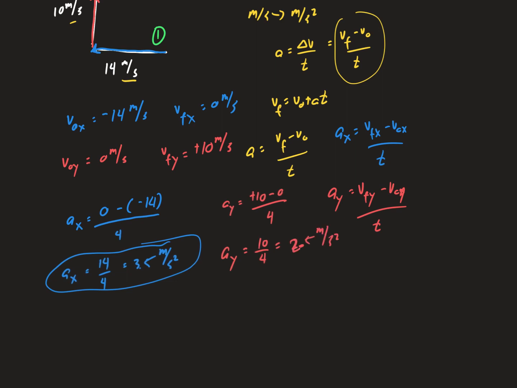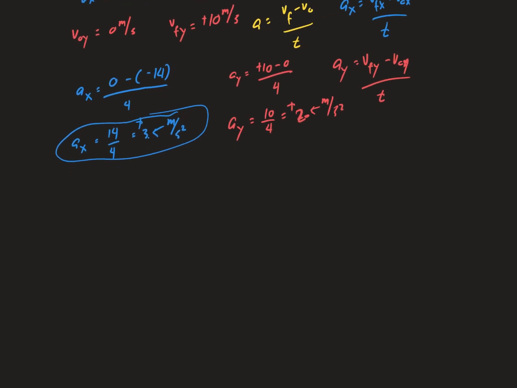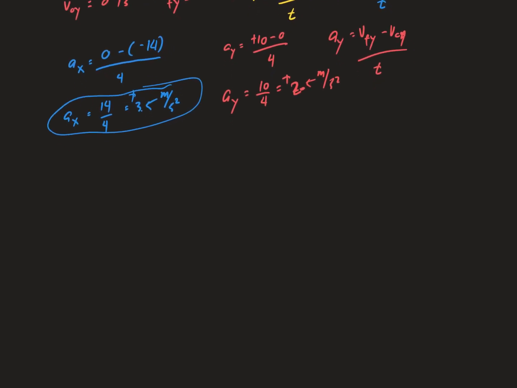So notice I'm getting plus values for these. So now I have to sketch my acceleration vector. So my a sub x looks like it's pointing in that direction, and my a sub y is pointing up.